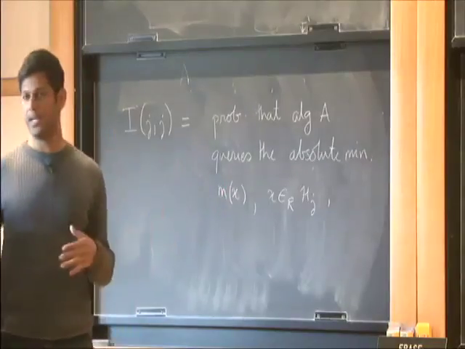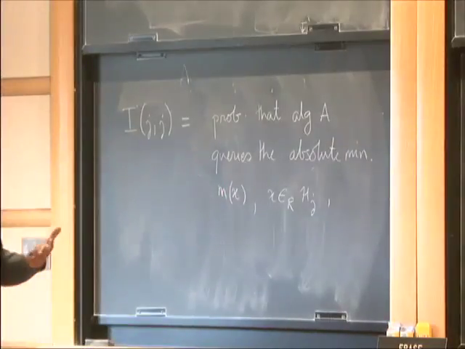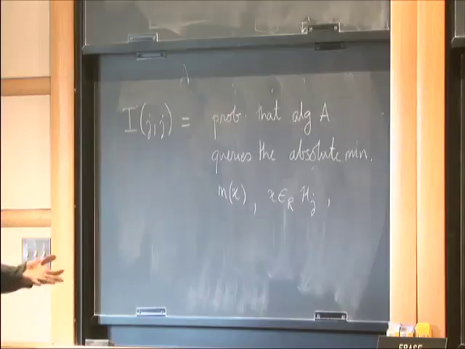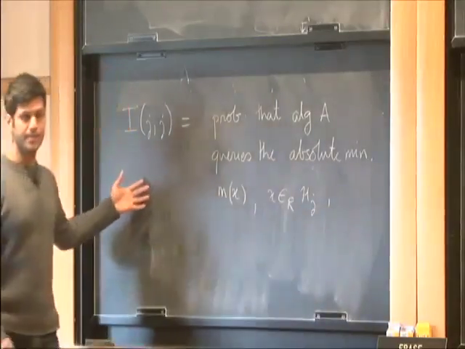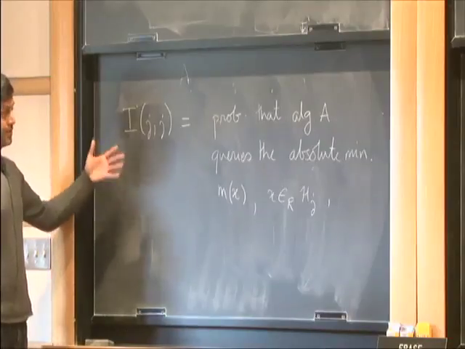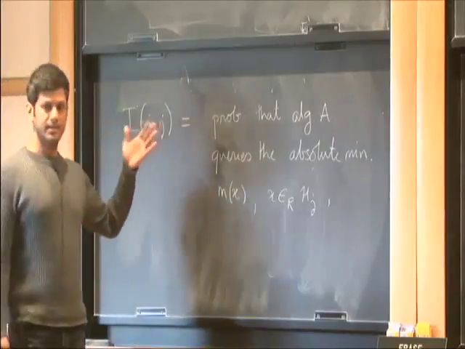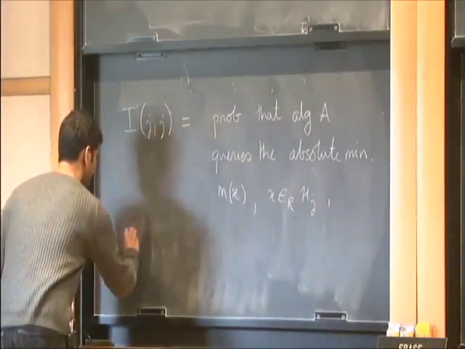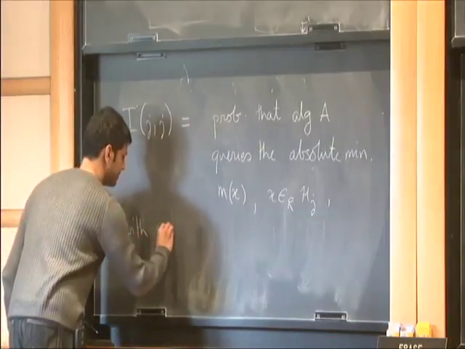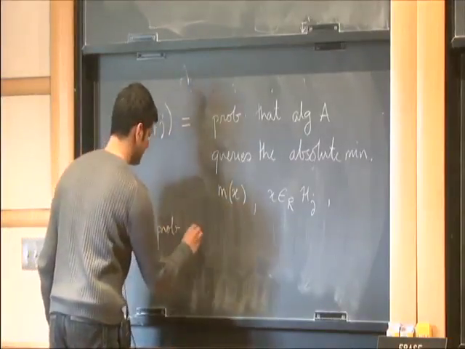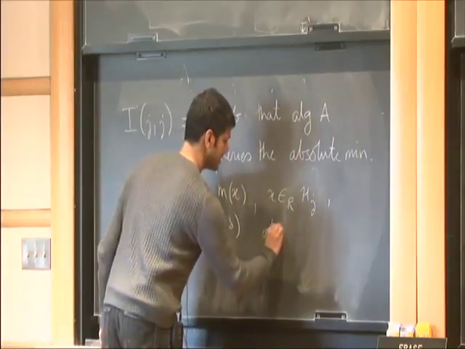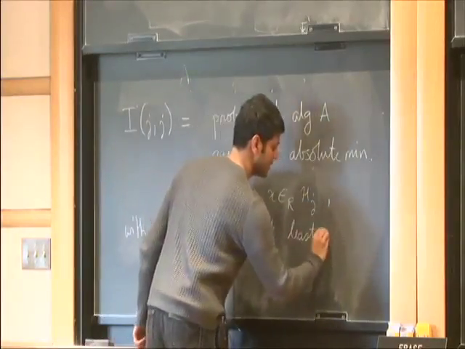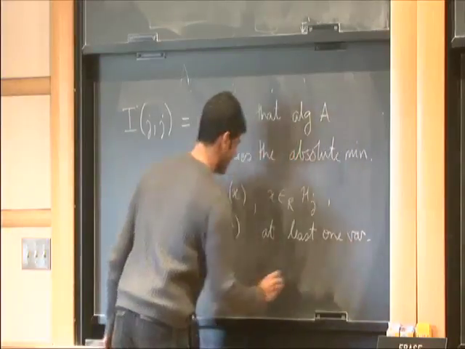If it does not query any variable, then under the hard distribution, the value at the root is equally probable to be 0 or 1, so it will make error 1/2, right? And so if the error is bounded by delta, then with probability at least 1 minus 2 delta, at least one variable is queried.